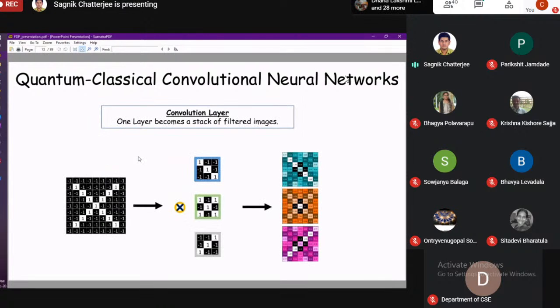So in a convolutional neural network, you have multiple layers with different functionalities. Suppose you have this input image of an X. You can take this image and break it down into different pixels, like grayscale values. These are normalized values, like 1 and minus 1, as you have on screen.